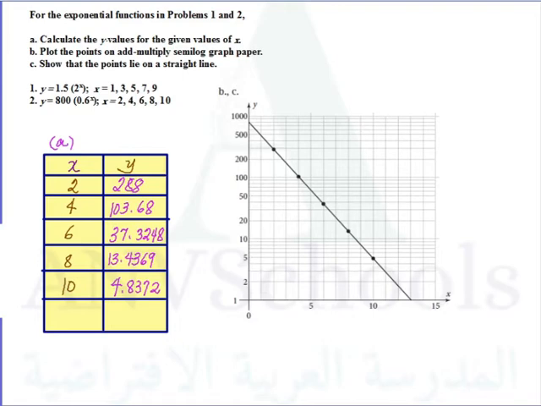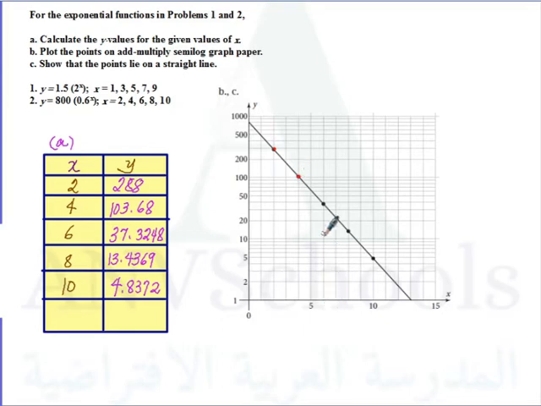Now plotting the points. My points are 2 and 288, so it's here. I need a bigger point. And then 4 and 103.68, so it's a little above 100.